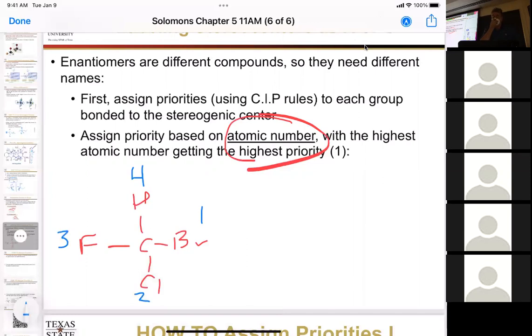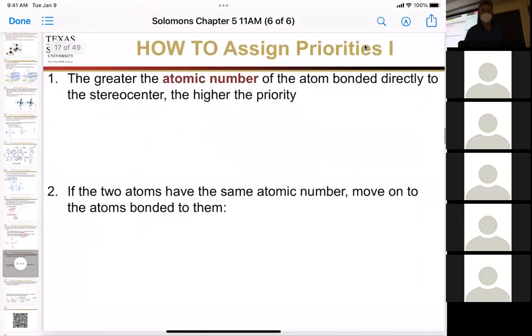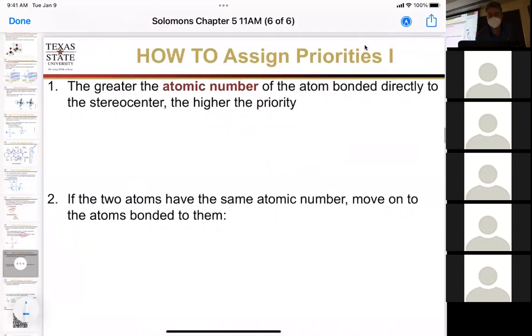Now, what if we had 2 carbons attached to this? Well, we need to do something else. The greater the atomic number of the atom bonded directly to the stereo center, the highest priority, right? So our priority goes by atomic number, and I'll do a different one here.